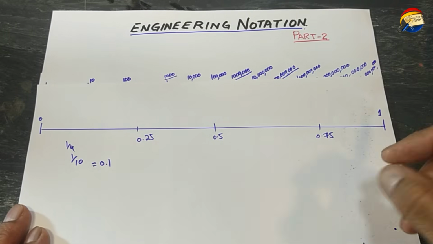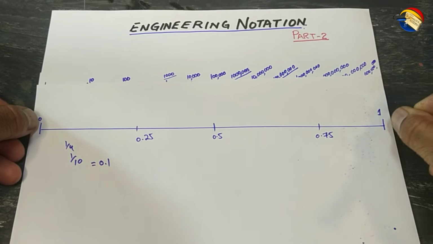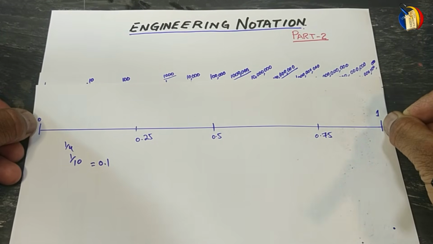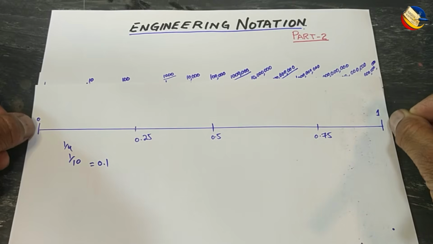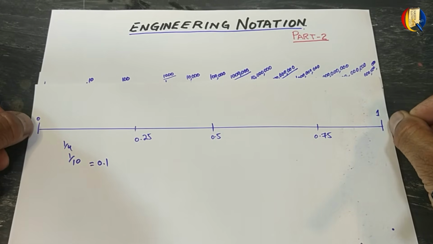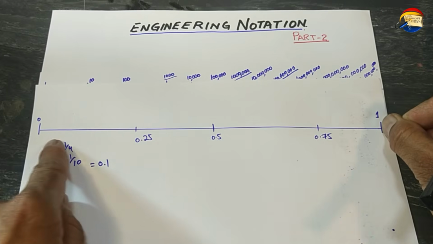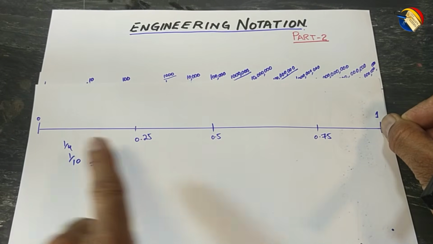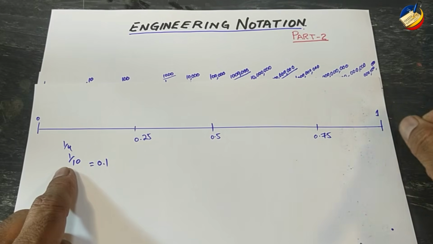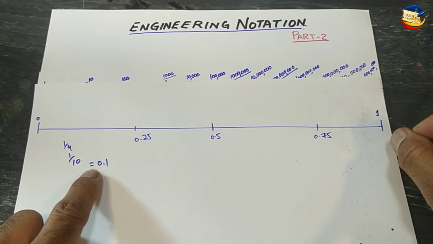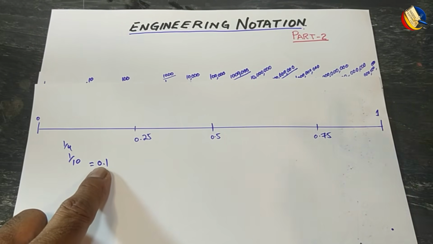That means we divided 0 to 1, any unit, either it is kilo, liter, meter, volt, ohm, anything. From 0 to 1, we divided into 4 portions, that is 1 over 4. But when we divide with 1 over 10, that is 0.1 in decimal.